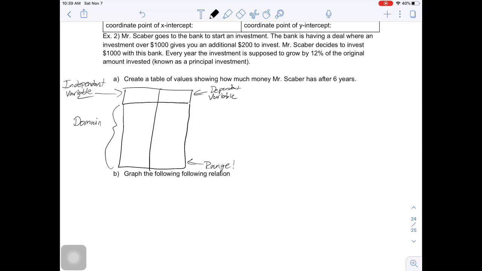So here, this will be time, and I'm going to measure it in years because my investment grows every year, okay? Now, because it says every year, there you go. Every year the investment is supposed to grow 12%. So that's why I put t as years.